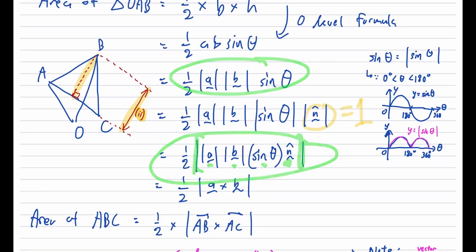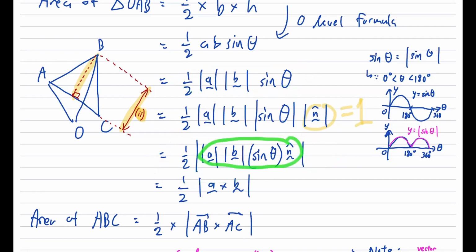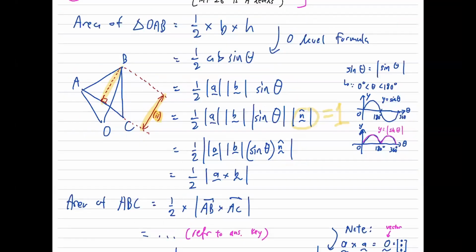What's that? It's nothing but the definition of A cross B. Then therefore, with a modulus, you get half of the modulus of A cross B, which is really just the area of the triangle, which is what the question was asking for. Yeah, you have shown. Okay, I should put down SHOWN.